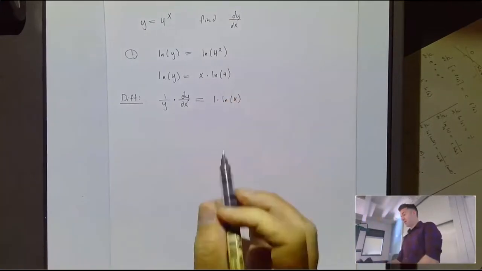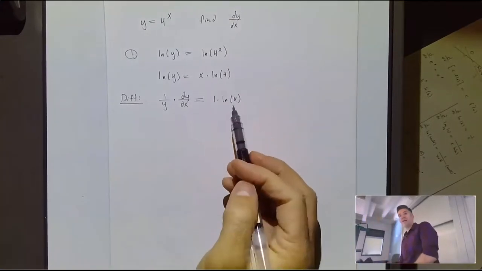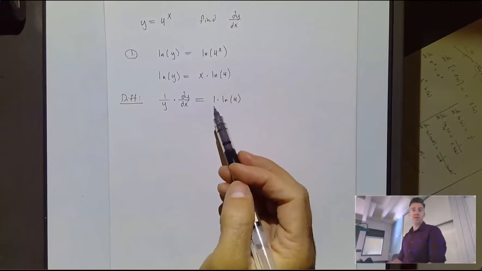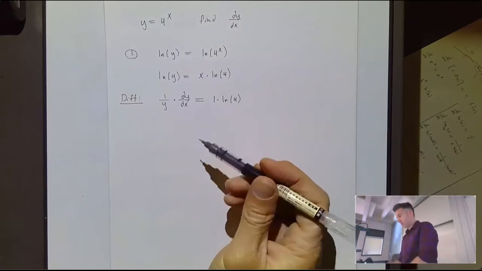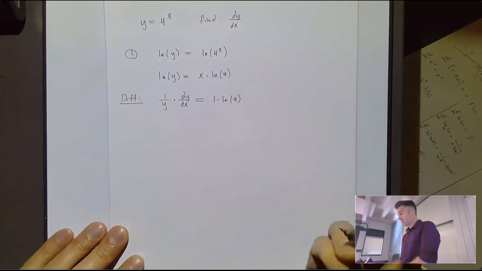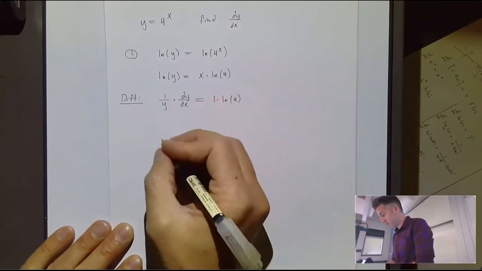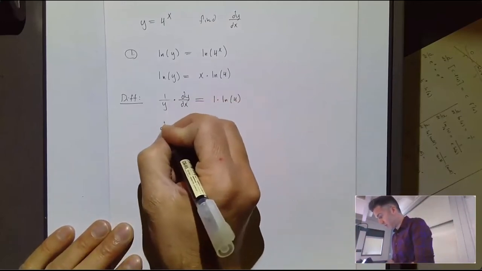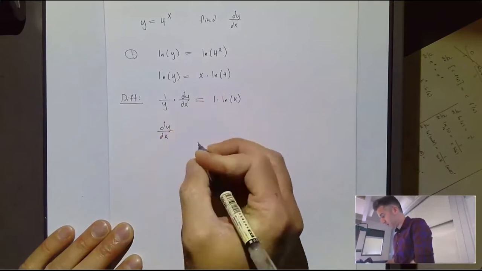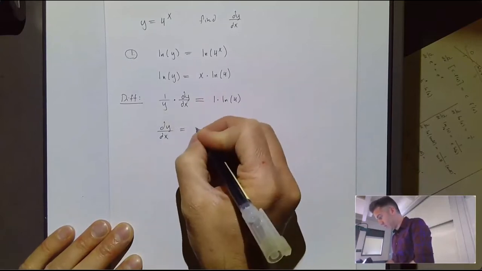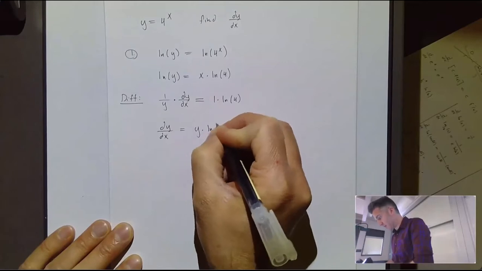Right, I have a constant times a function. The constant hangs out. We multiply by the derivative of x, which is just 1. We're almost done. Solve for the derivative. So multiply both sides by y and get dy dx equal to y times the natural log of 4.